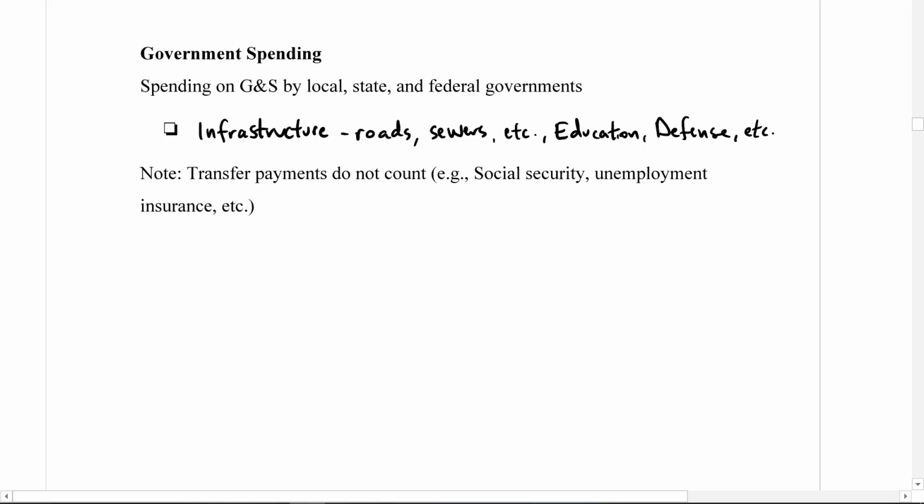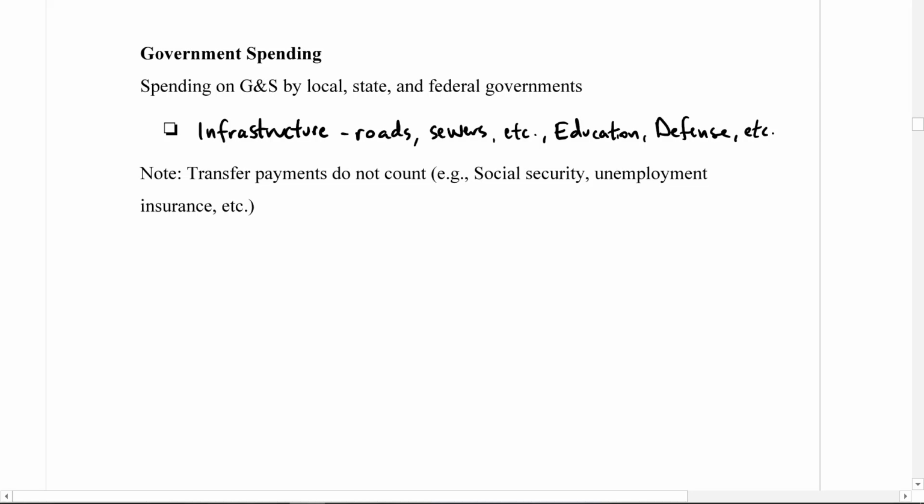Okay, so one last thing to note here on government spending is that we don't include something like a lot of taxes are just redistributed. So redistributive, where we tax some group of people and then we provide services with that tax money to another group of people. If it's just a transfer payment, for example, if you tax a rich person and you take some of that money and you give it to poor people, that is not new production.